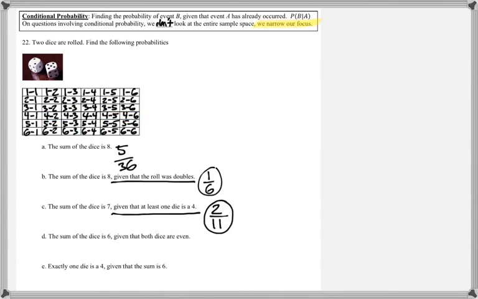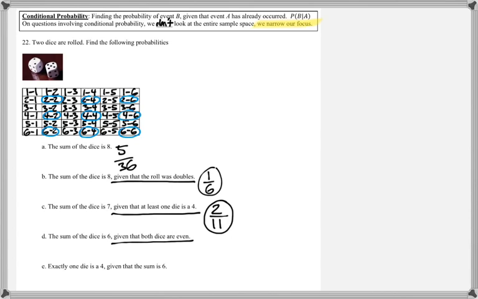Part D says the sum of the dice is 6, given that both dice are even. So we first need to find all of the options where both dice are even. That is 9 possible outcomes.